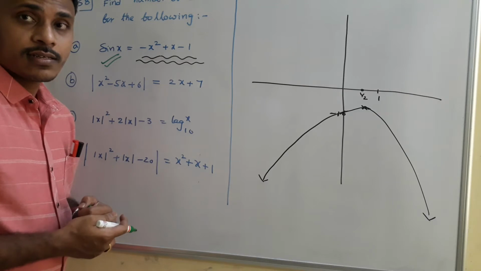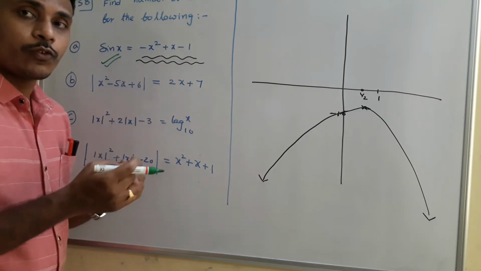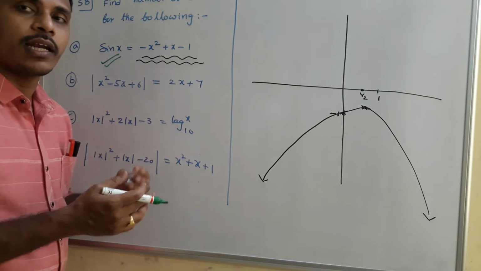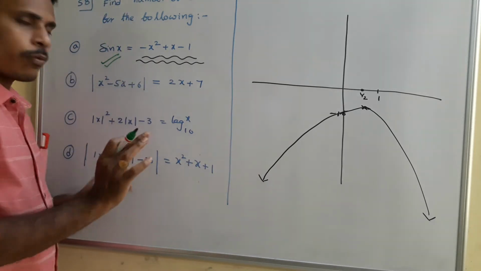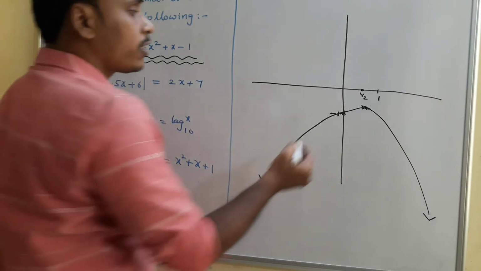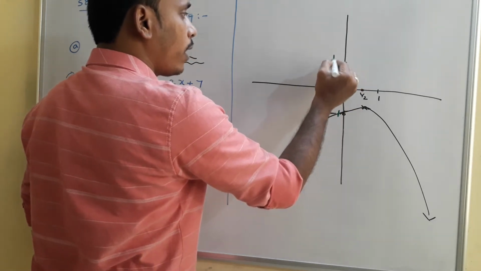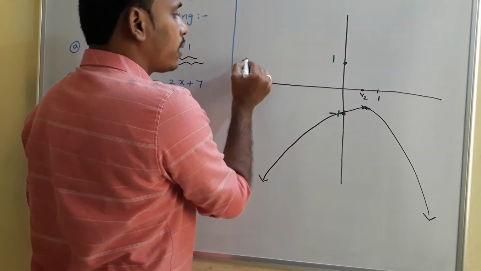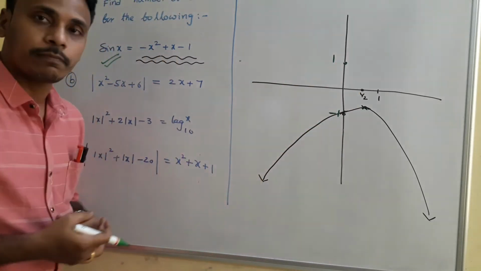Sin x values are always between minus 1 and 1. If you are comfortable with trigonometry, then it is somewhat easy to sketch. This problem has sin x; the remaining problems are completely algebraic, no problem. This is minus 1, and somewhere you will have 1. The graph of sin x always lies between minus 1 and 1.